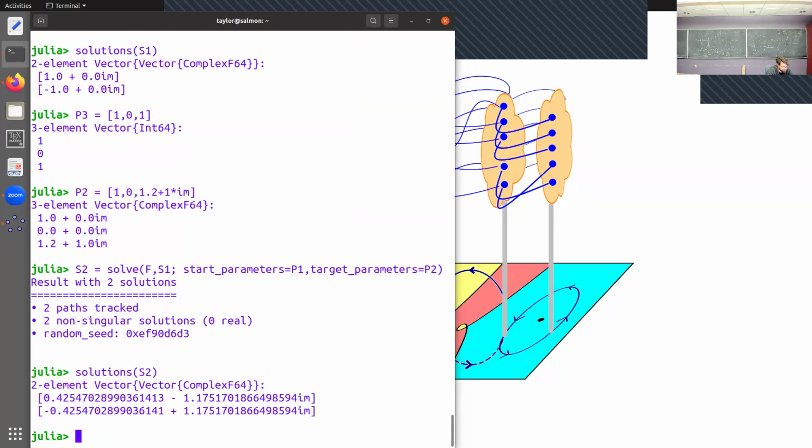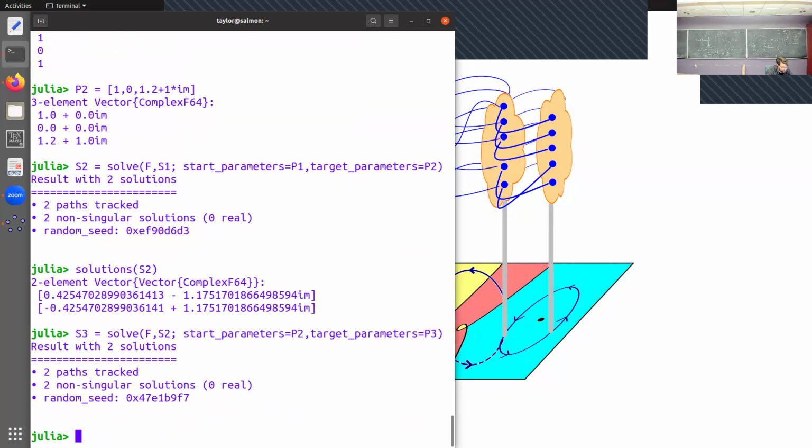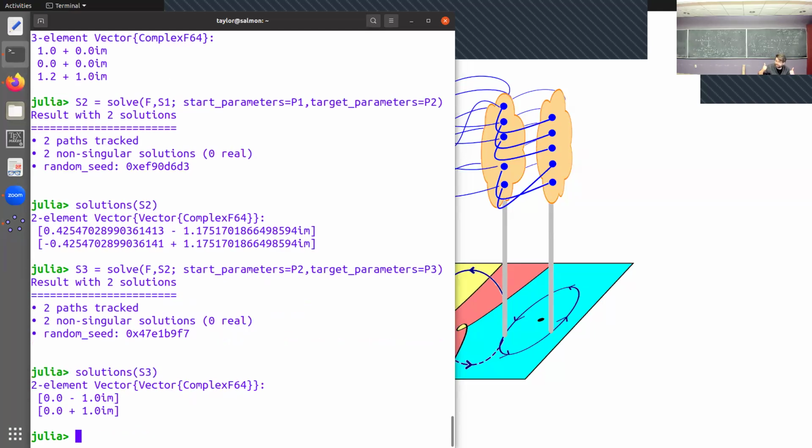Solutions. Okay. And now I can solve S3 by going from S2 to start parameters at P2 to target parameters at P3. Ta-da! Minus imaginary unit and plus imaginary unit. Yay! Again, kind of a ridiculous way to get there.